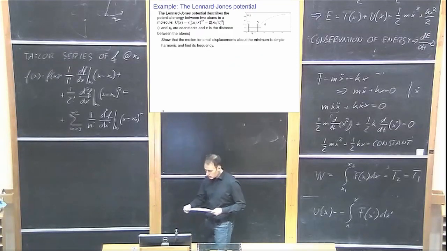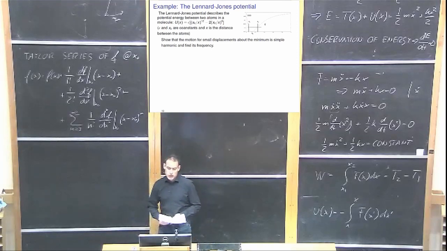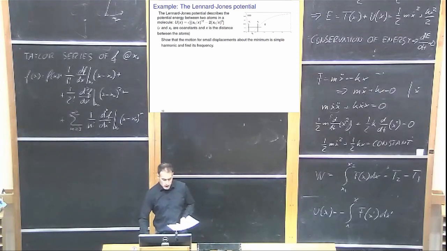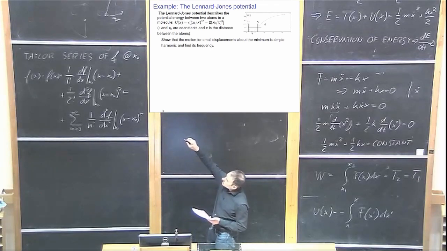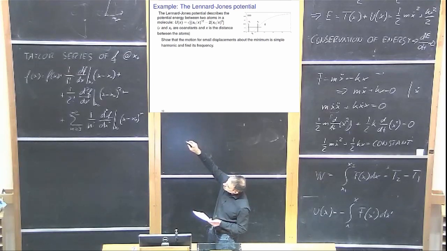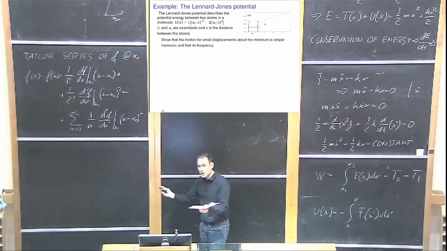Now, a good example for that is the Lennard-Jones potential. It describes the potential energy between two atoms in a molecule, so they're coupled together. The first part is repulsive, it's positive. The second part is attractive. This part has to do with the Pauli repulsion at very, very short ranges.